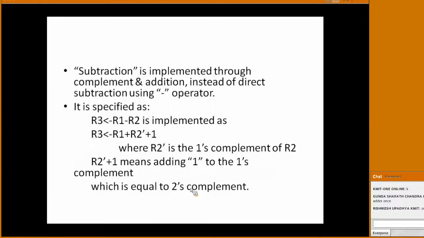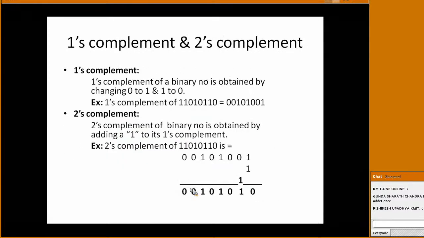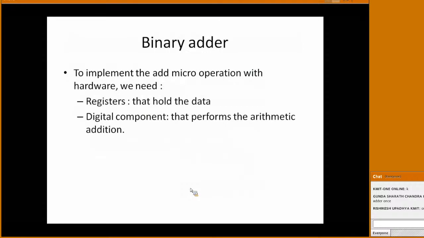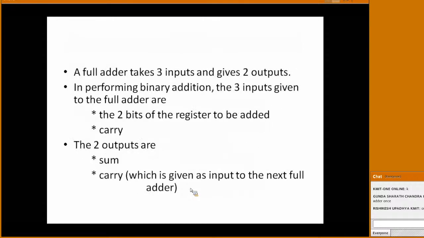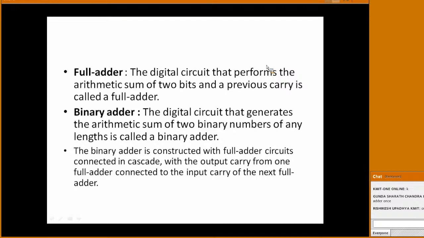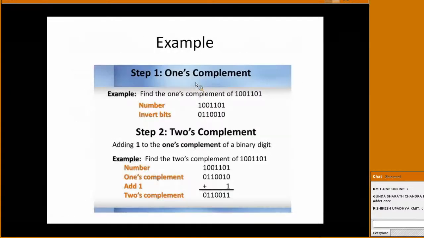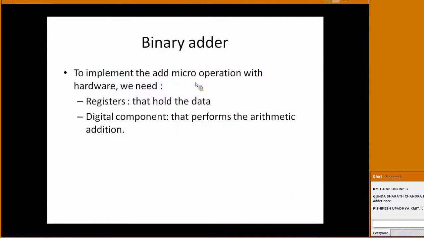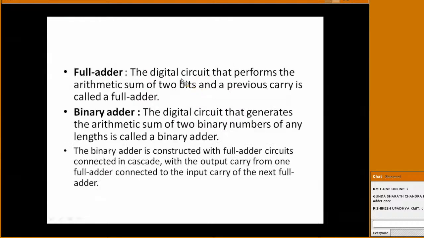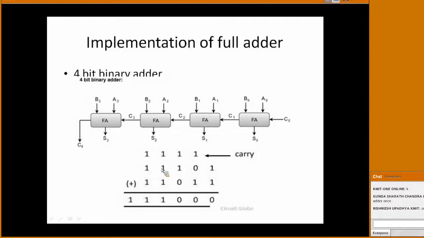Next, some of you asked me about the full adder and binary adder. A full adder is a digital circuit. What will this full adder do? It is responsible for performing the addition of bits.